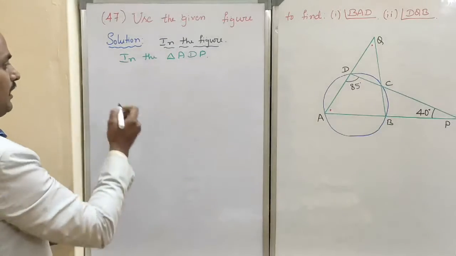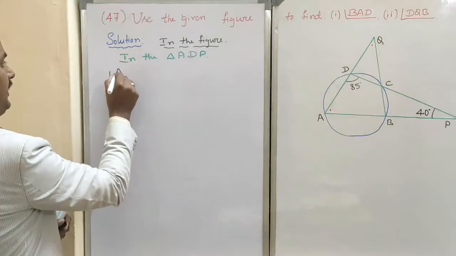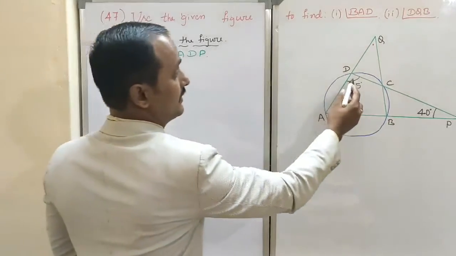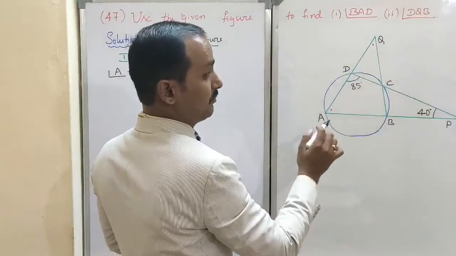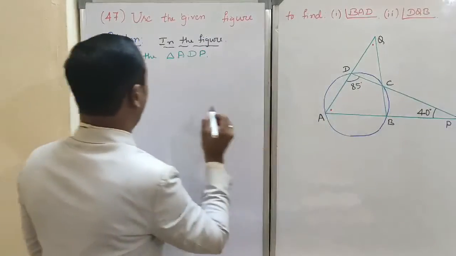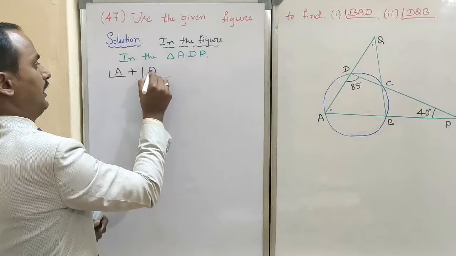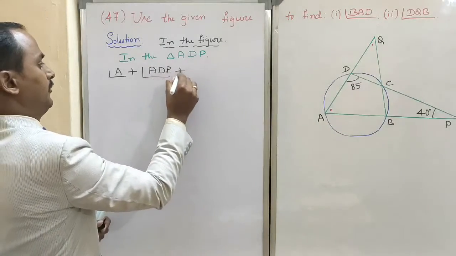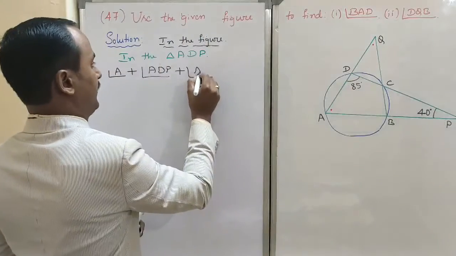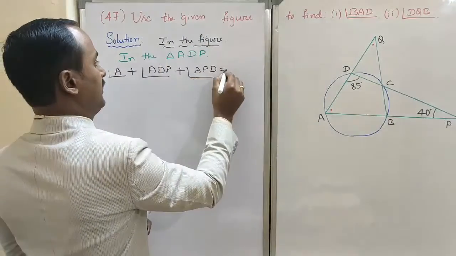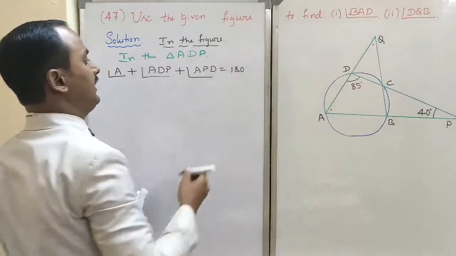Look here: angle A plus angle D, here two angles are there, so you write using ADP, angle ADP plus angle APD is equal to 180 degrees, dear children.